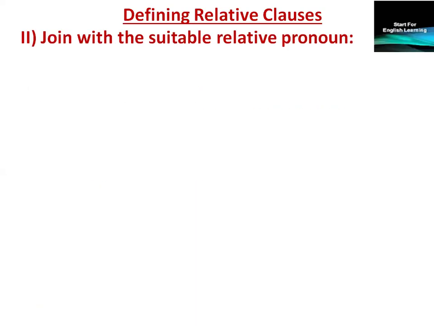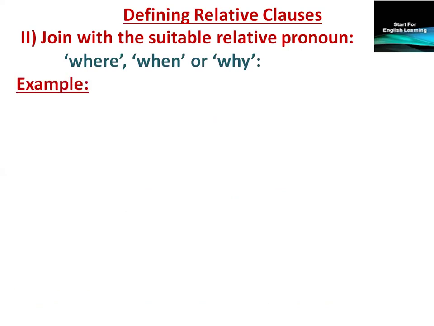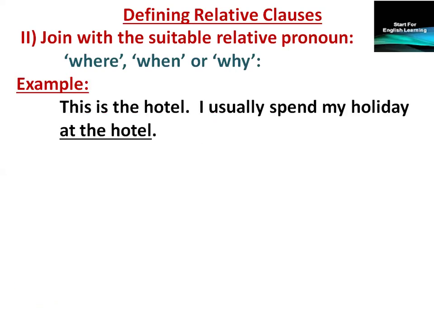We read the head of question number 2. Join with the suitable relative pronoun: where, when, or why. Example. I'll do the example with you. This is the hotel. I usually spend my holiday at the hotel. At the hotel refers to a place.